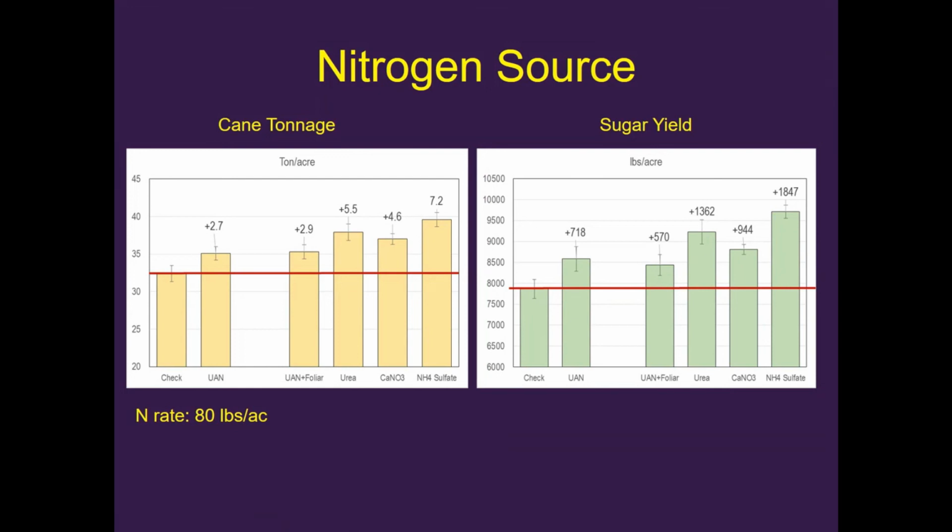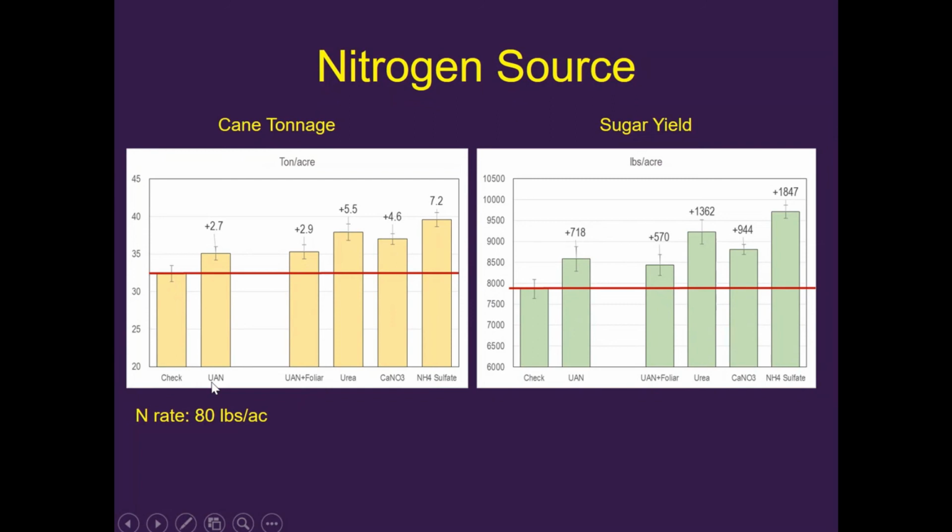Another thing that we're working on is looking at different nitrogen sources, and this is what we got from last year. What we see in this graph is the cane tonnage on the left graph, and the sugar yield, and on the x-axis you see the different sources that we have.